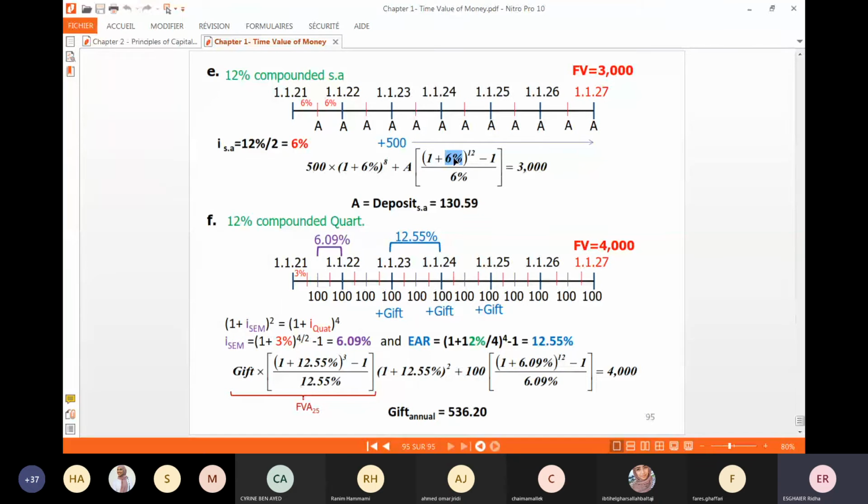So we need to put here 6%, not 12%. Okay? Back. Here simply A is equal 3,000 minus this over the future value interest factor of the annuity, you'll get the deposit 130.15. Is it clear, Yasmin?